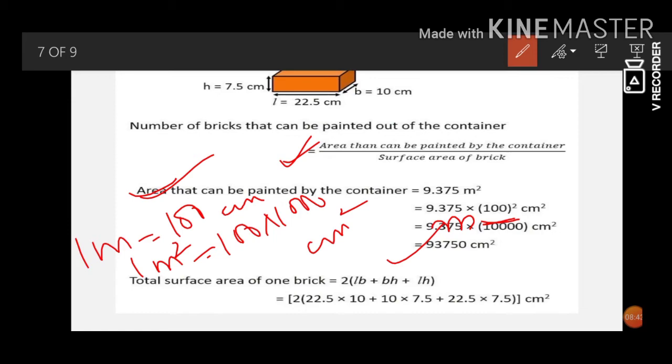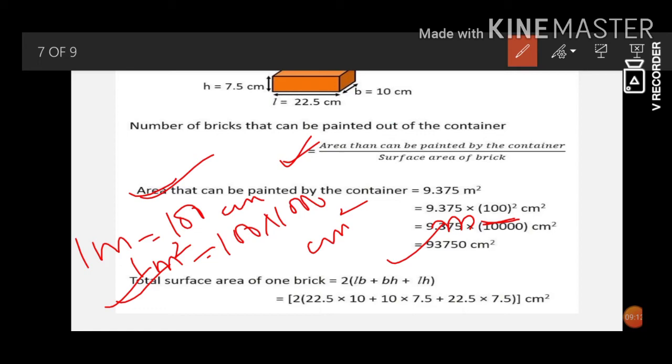Now the dimensions of the brick are given. We are going to use the total surface area of one brick, which is 2 into LB plus BH plus HL. We have to substitute the values of H, L and B from the figure. So substituting the values, we will get 2 into 22.5 into 10 plus 10 into 7.5 plus 22.5 into 7.5.